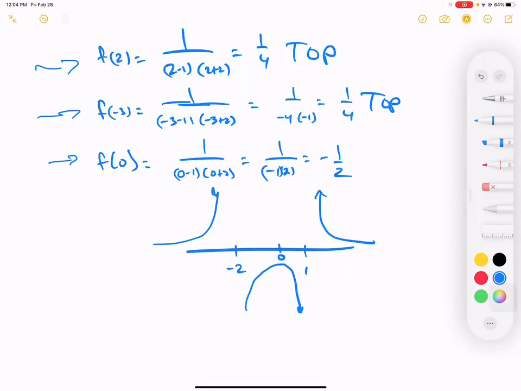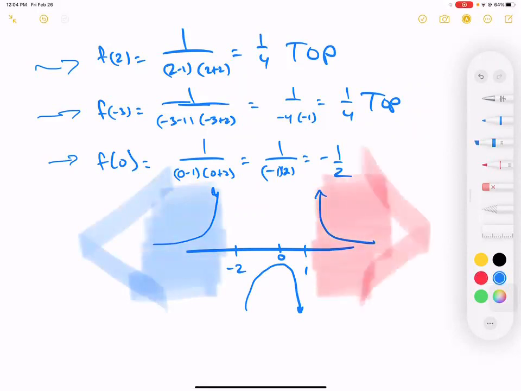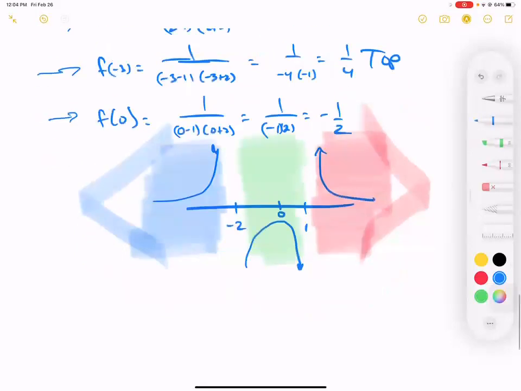We have 3 parts of the graph. We have the left part, which goes forever. We have the right part, which goes forever. And then we're stuck in this twilight zone area right in the middle. So these are the 3 domains we have to label. Let's go on the left side.